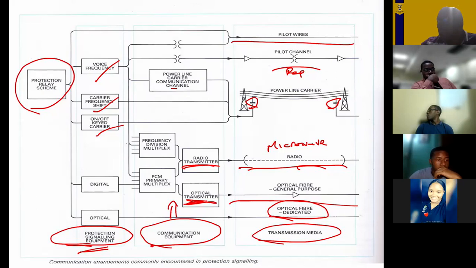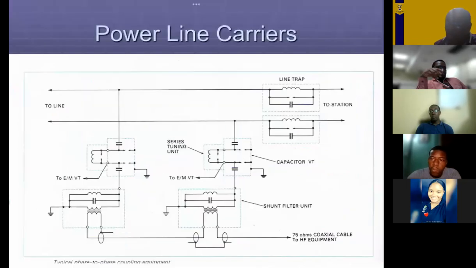We have to look at the speed at which the signals can be transmitted over the communication media. I know I didn't really specify that earlier. And then when we focus or drill down a little further with the power line carriers, all right, I'm sure you would have seen this already. And for your power line carriers, we're just taking you into the substation.